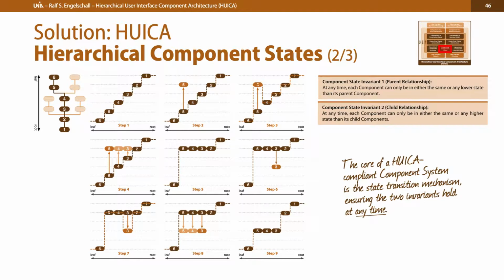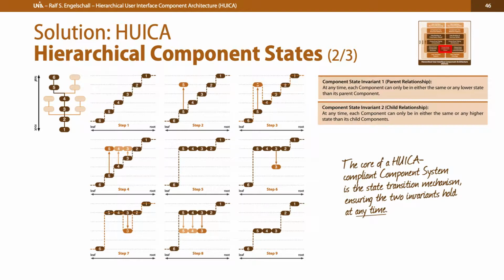Let's take the example of a user interface implemented by a particular component tree, here shown on the left top side. We have a root component at the bottom and a leaf component, here 6, on the top. If we take this particular path from component 1 over 2, 3, 4, 5 to 6, from root to leaf, and rotate it just counterclockwise once, then we have those 9 diagrams, these 9 steps in the middle.